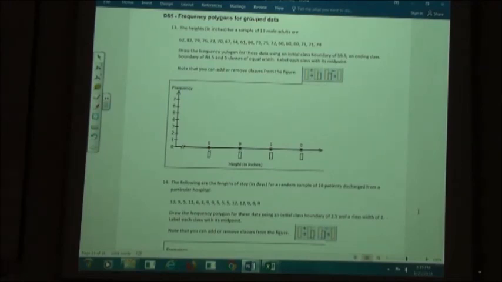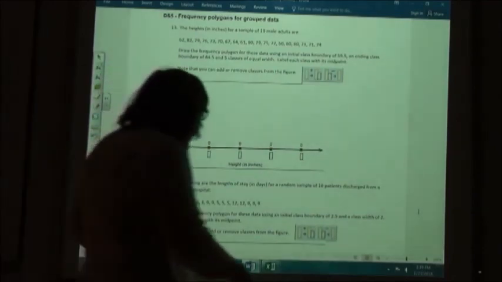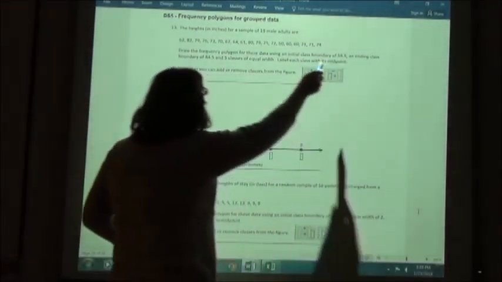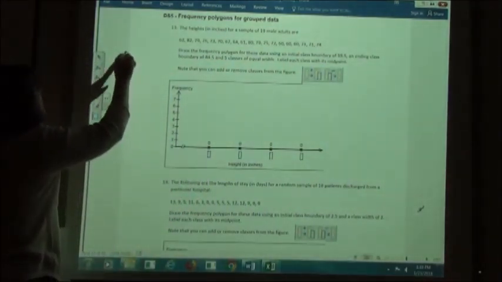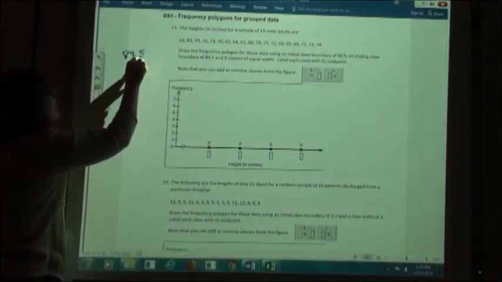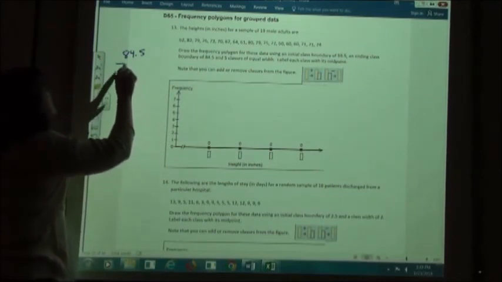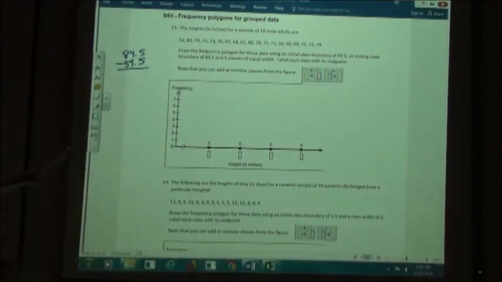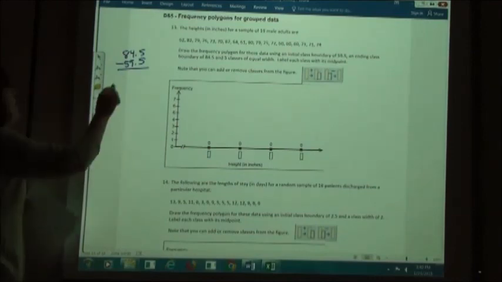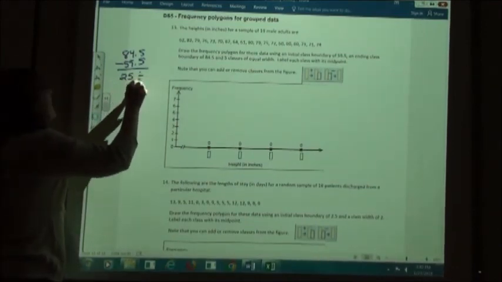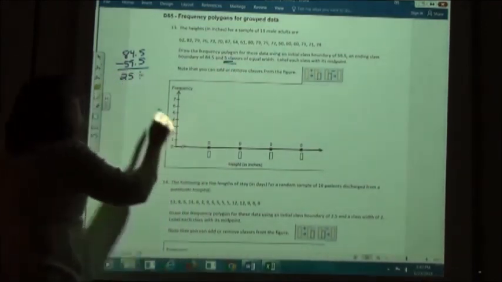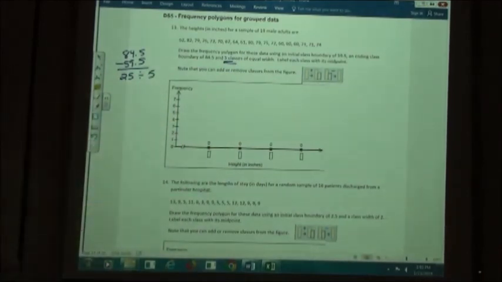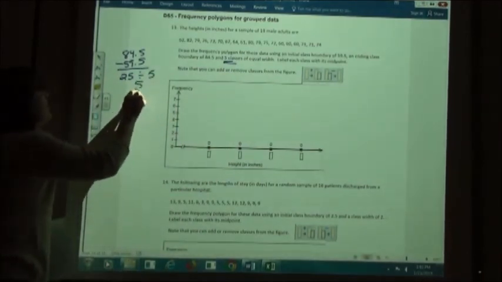So you really have to find what the end of each of your categories are. Like we did before, we're going to start off and subtract. We have our 84.5. We're going to subtract our 59.5. It must be 25. And I have 5 equal classes, so I'm going to divide that by 5.